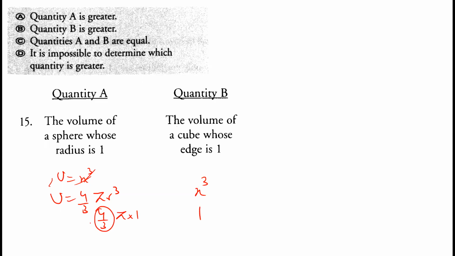Now 4 upon 3 is a number greater than 1, and pi is also greater than 1, it is 3.142. So a number greater than 1 multiplied by 3.142 is definitely more than 1. Approximately, 4 divided by 3 is 1.33 into 3.142, which is approximately 4.189. So 4.189 is definitely more than 1. Hence quantity A is greater than quantity B, so option A is correct.